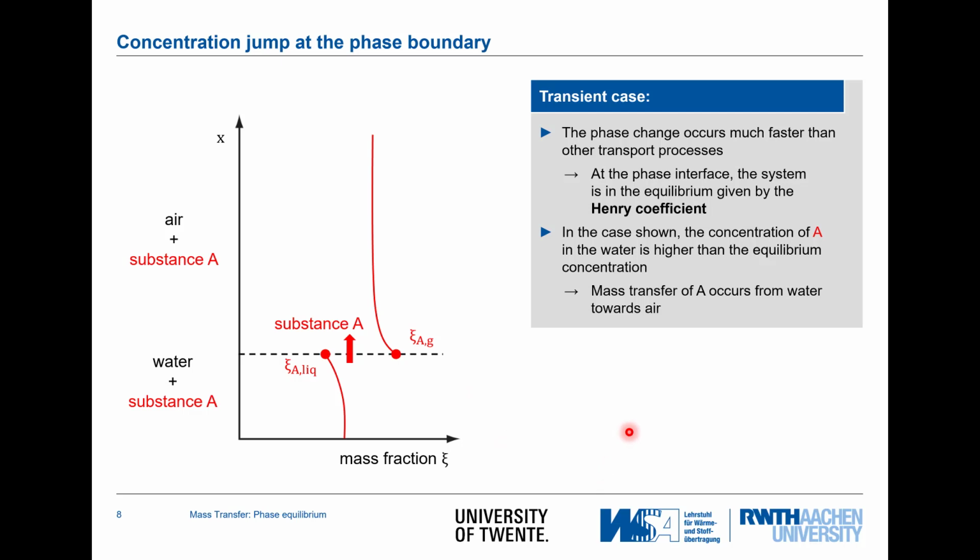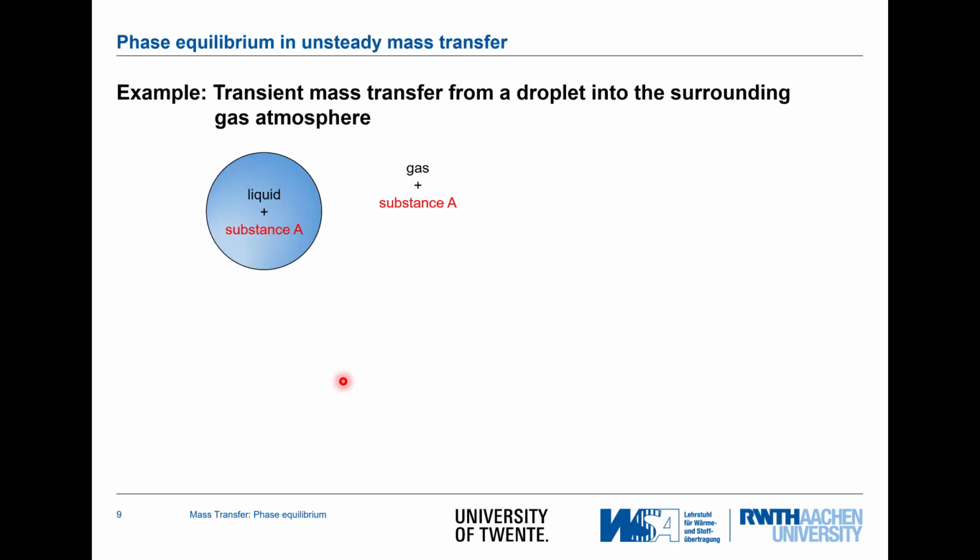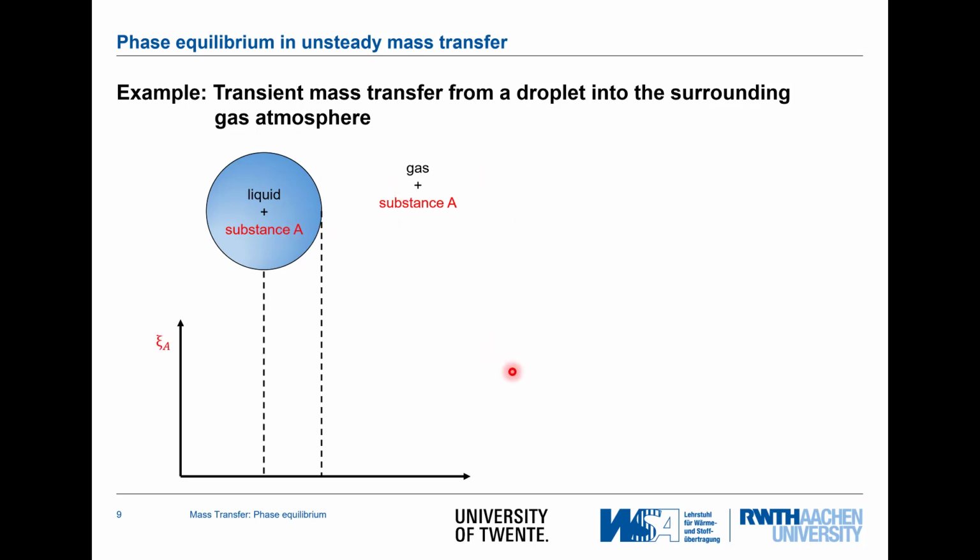Now let's move on and look at an example. For example, a droplet with that substance in a gaseous environment. Now we plot. Please note that now the axes are changing. That's now the mass fraction, and that's the coordinate. So we have the center of the droplet and its surface here. And as we had in heat transfer, this is then a point or axis of symmetry.